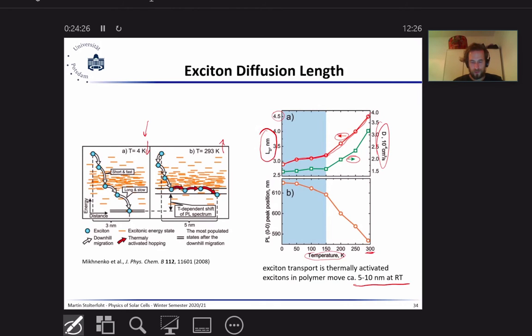So at higher temperature, the PL peak is centered at a lower wavelength, so at a higher energy. So let's say this is wavelength, and this is the PL peak. I'm explaining this picture.